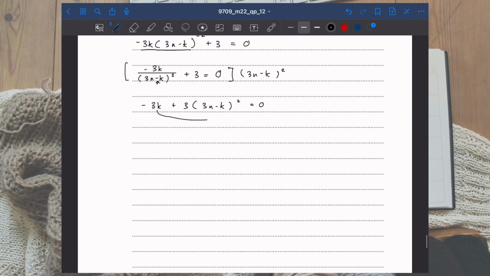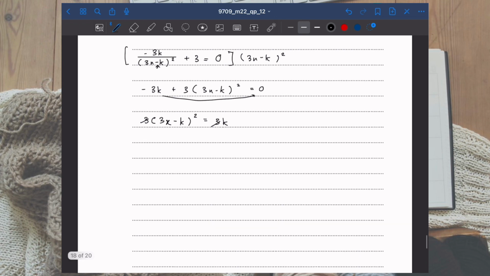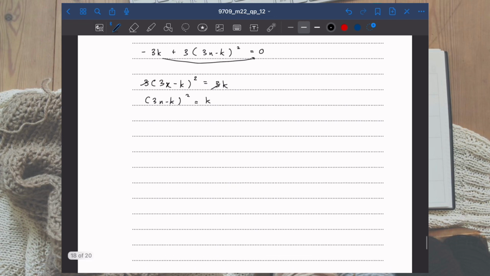Then I'll move the 3k to the other side of the equation, giving me 3 times 3x minus k squared equals 3k. We can factorize out the 3, leaving us with 3x minus k squared equals k.